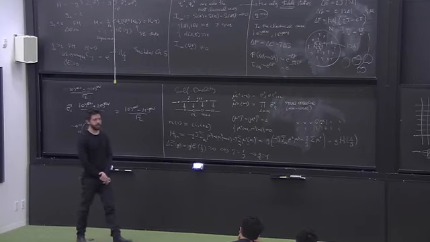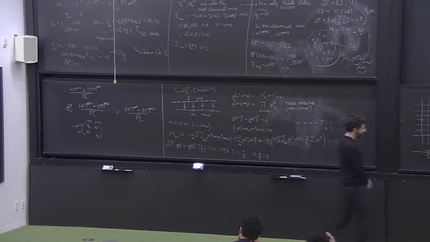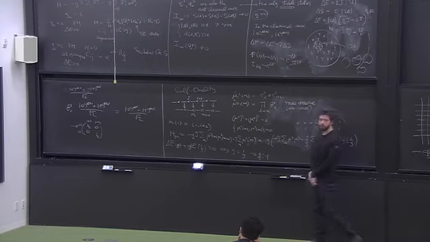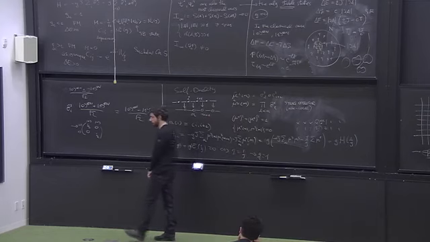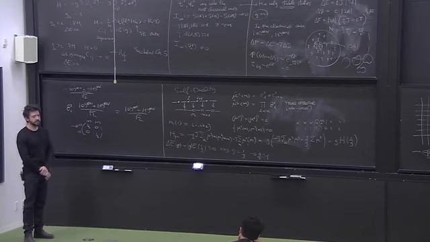So this is a very powerful method because sometimes we know, or we can argue with some assumptions, that this is the critical model of other systems that we don't know how to solve, or where perturbation theory is more complicated.